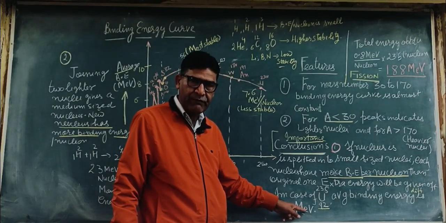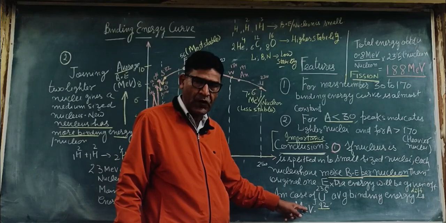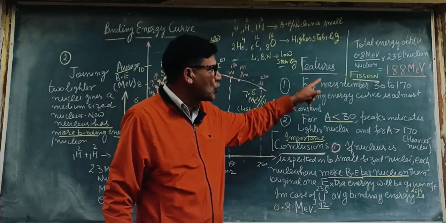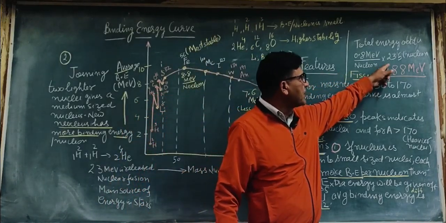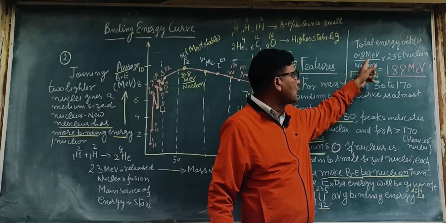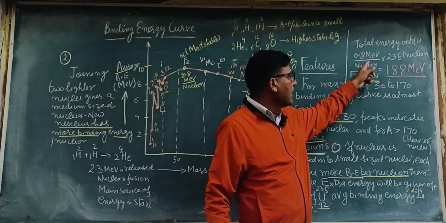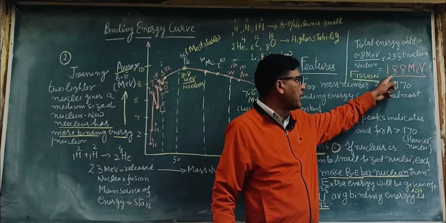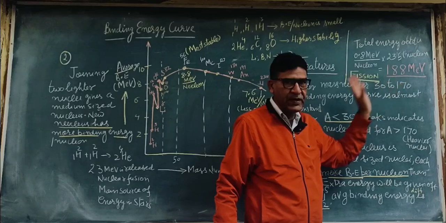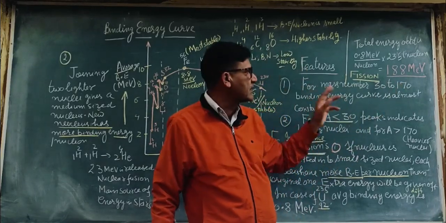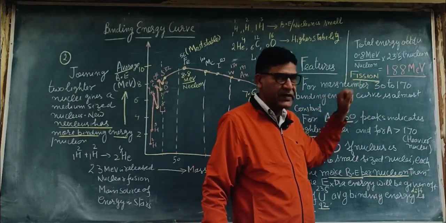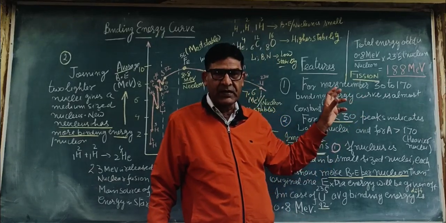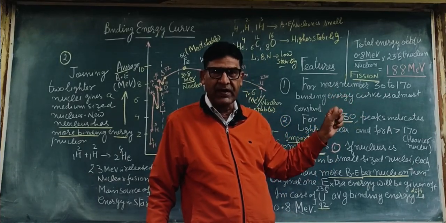This is the average binding energy per nucleon of uranium 238, and the total number of nucleons in uranium is 235. So if you multiply this 0.8 MeV by 235, you will get 188 MeV, million electron volt. This is a very large amount of energy, and this energy is released as the binding energy.